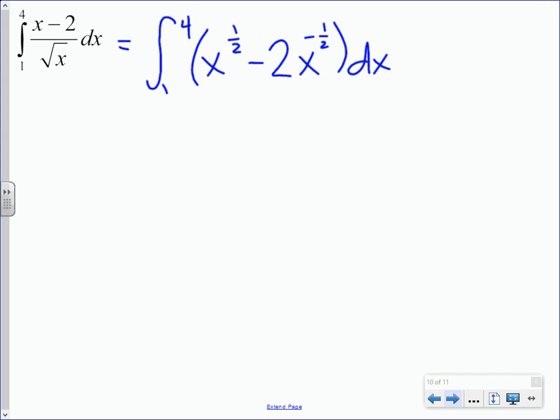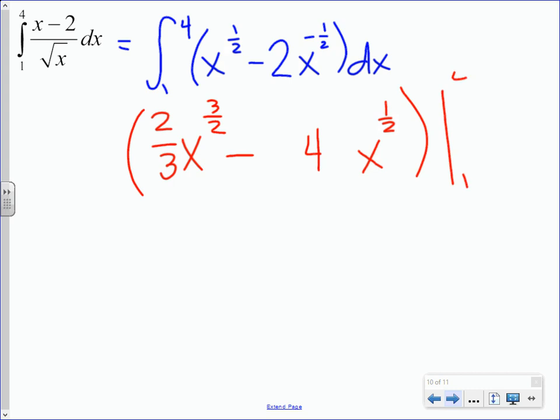All right. So then our antiderivative would be x to the 3/2 times 2/3 minus 2x to the 1/2 times 2. So can I just write that as 4? All of that evaluated from 1 to 4.